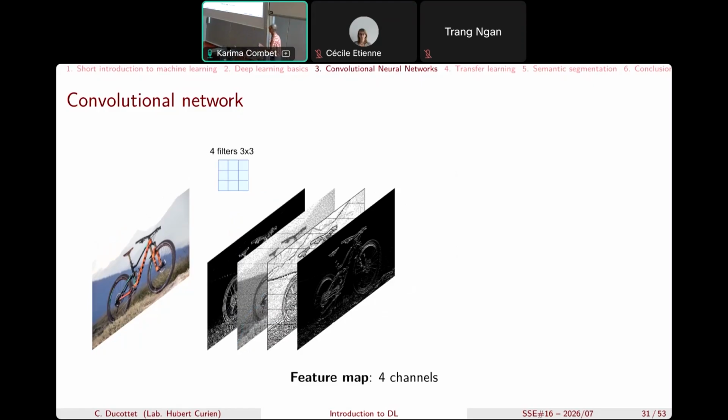So we have our 4 filters 3 by 3, and then we have 4 feature maps. And these feature maps, in fact, could be considered as a single feature map with 4 channels. So it is the same as saying we have 4 feature maps, or we have a feature map with 4 channels.